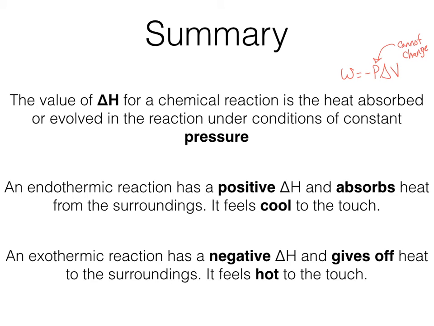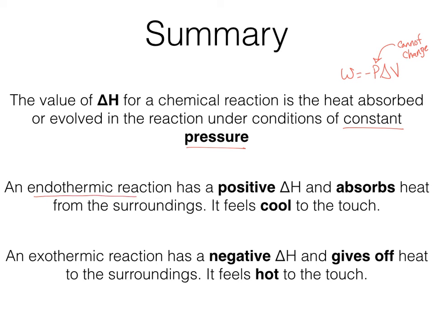So in our enthalpy, the pressure cannot change. We are always working at constant pressure. Now, the good news is that most of the time we do our reactions sitting on the lab bench, which means that the pressure is always going to be the same.